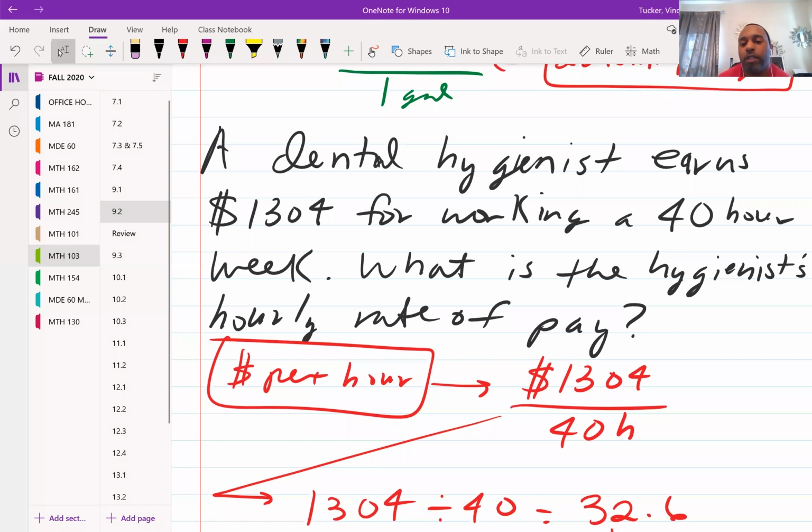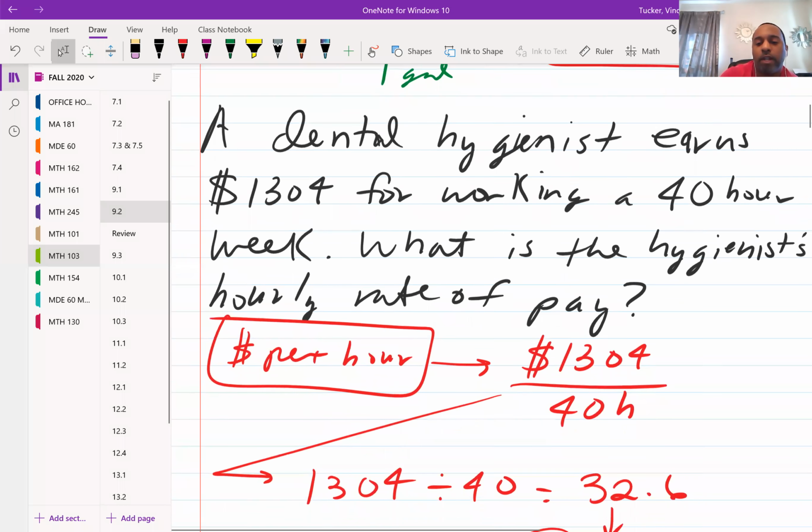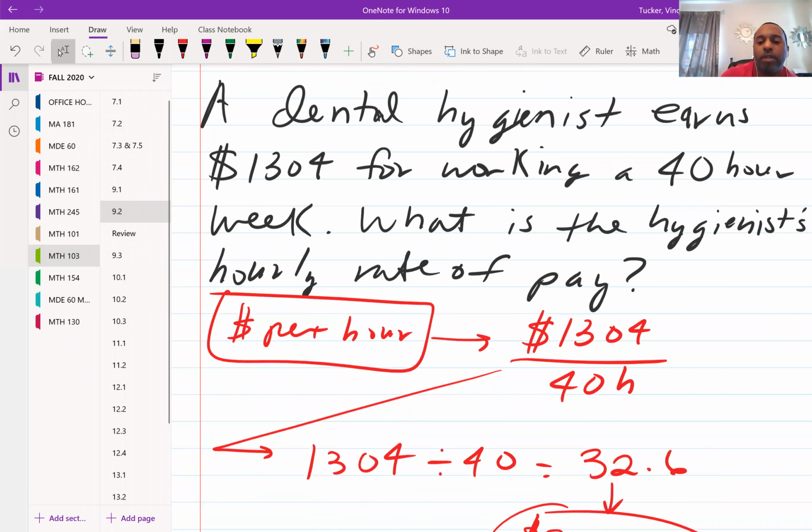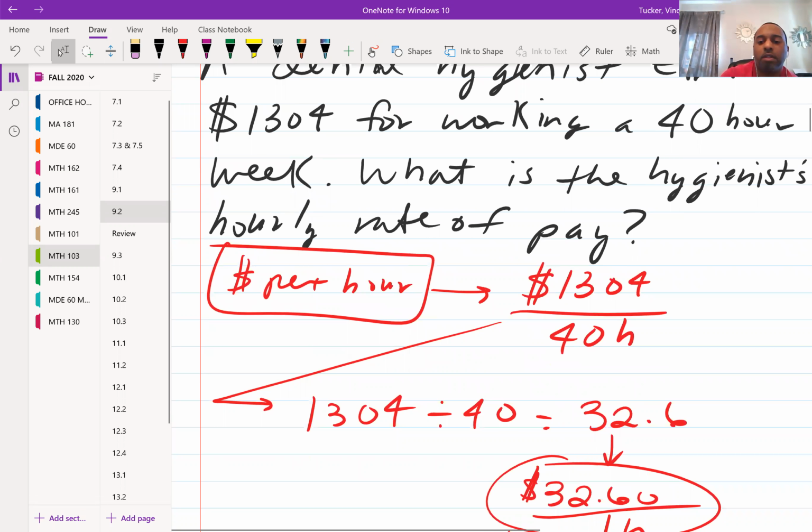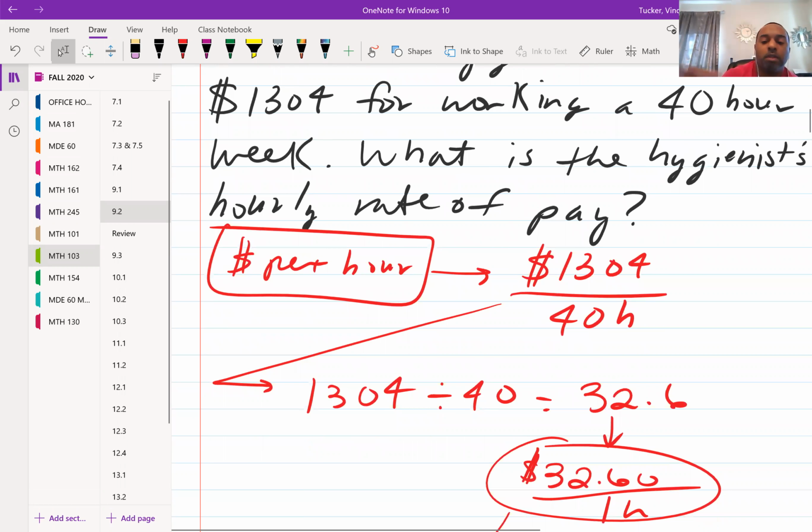So you put that 1304 over 40, $1,304 every 40 hours. You will go ahead and divide that. Throw it in the calculator, 1304 divided by 40. Convert that to a unit rate.